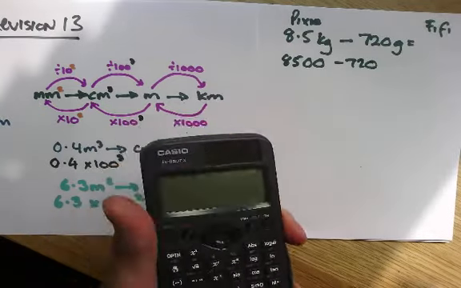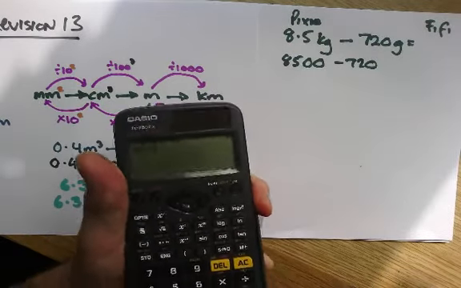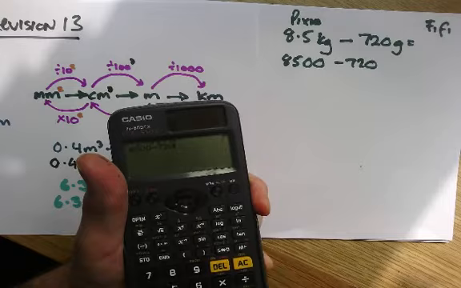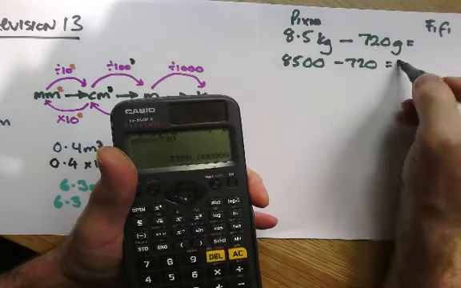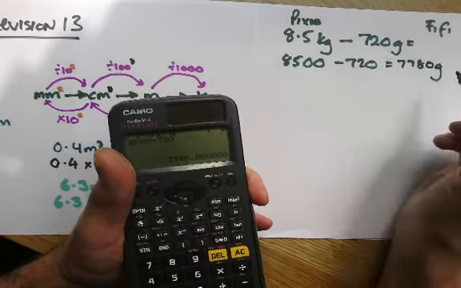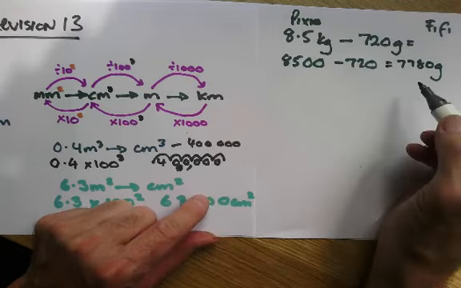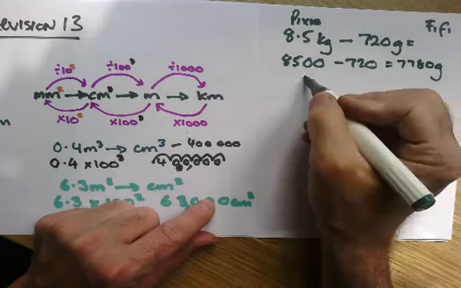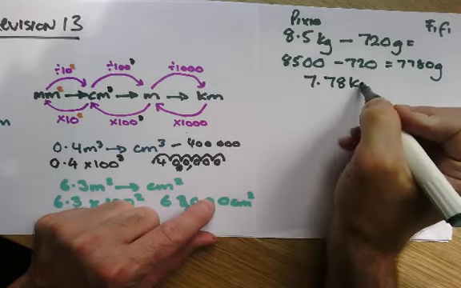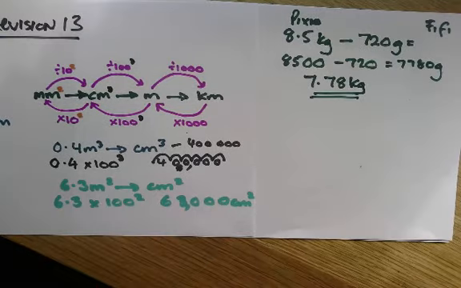If I'm feeling lazy and I'm allowed to, I'd use my calculator. 8500 minus 720 equals 7780 grams. And they want the answer, it says state your unit, so I can leave it like that, or I can say 7.78 kilograms, and that works.